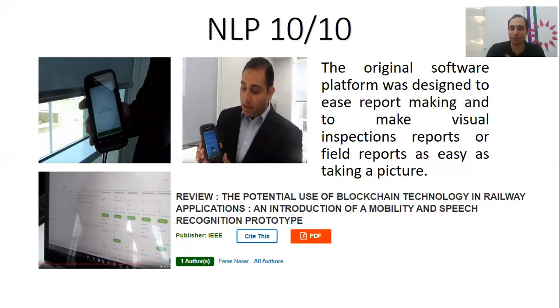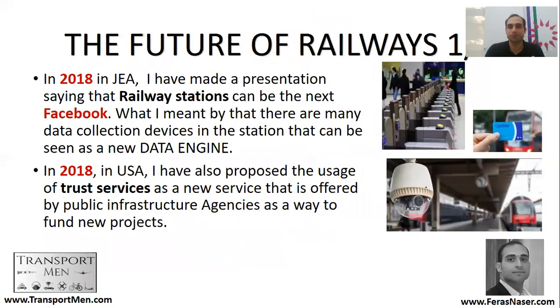I would advise you to have a look at my paper or the video, and this might give you a good introduction to how we can use new ways of data collection to build generic object detection and to feed our newly developed deep learning models.